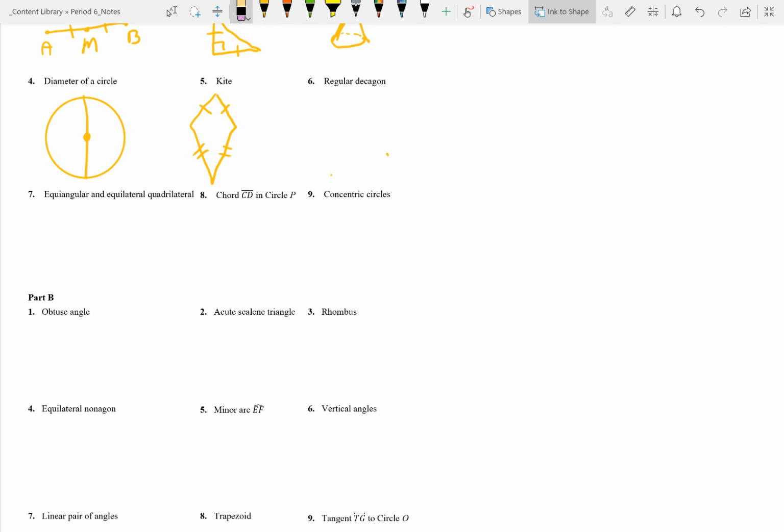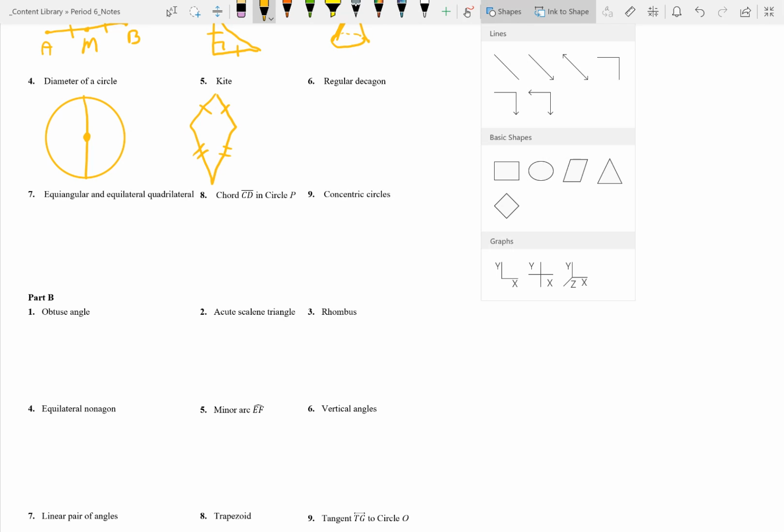Oh well, I tried. Let's try 1, 2, 3, 4, 7, 8, 9. See, it does like 6 sides. I'm going to have to do like 1, 2. Oh, it's a circle. Oh well. I wonder if they're in here.